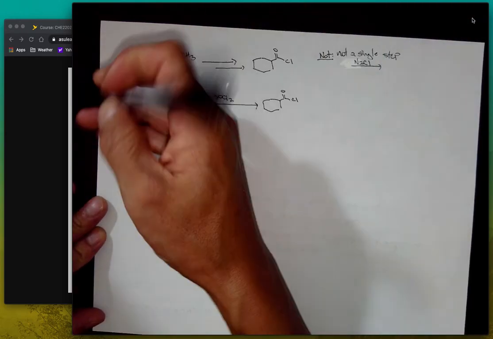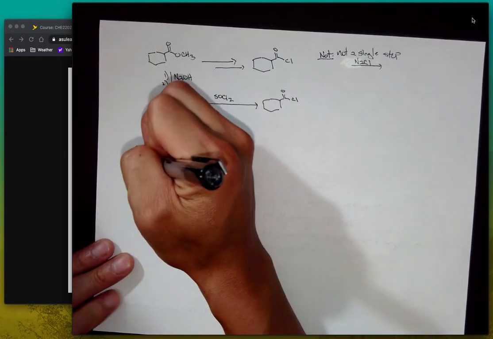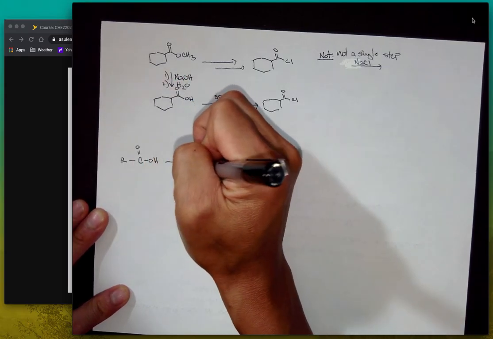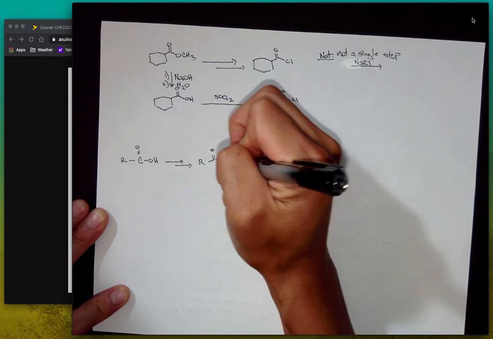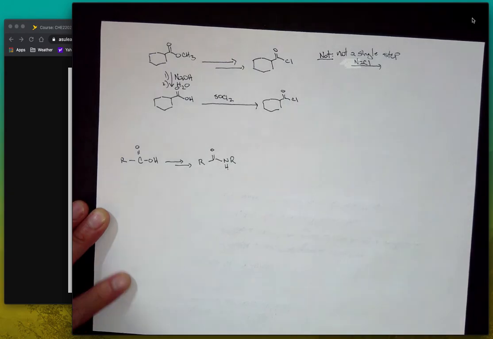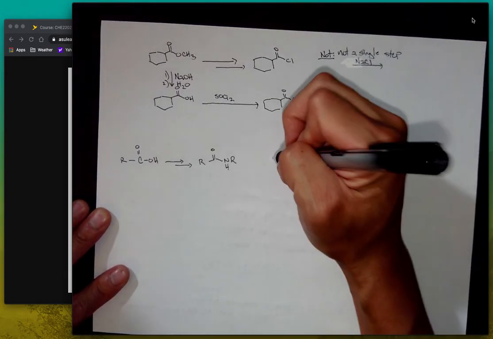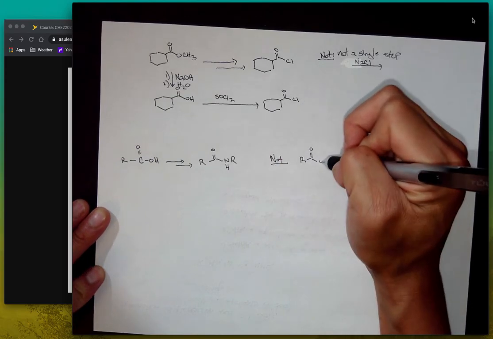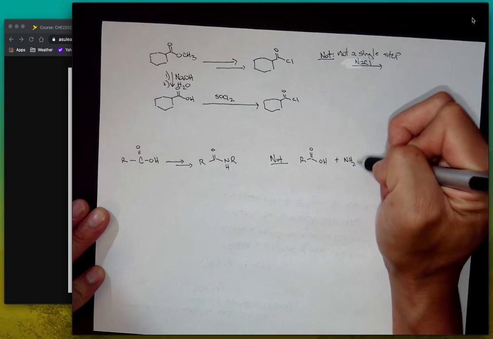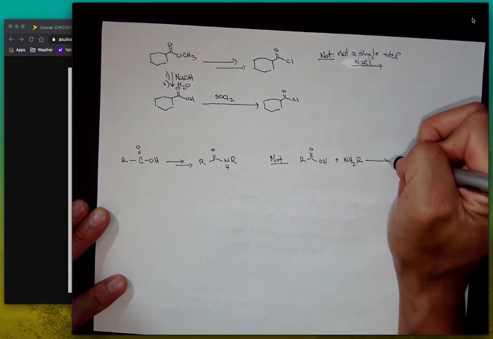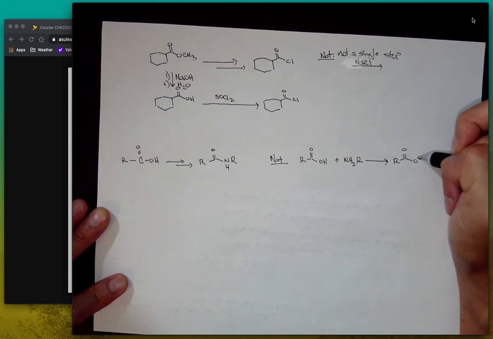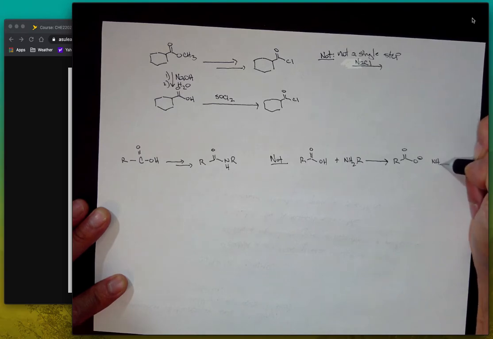If you wanted to take a carboxylic acid and convert that species into an amide, like this, you could not simply add RCOOH plus NH2R, because the reaction that would take place here would be to deprotonate that carboxylic acid and protonate the corresponding base, which is the amine.